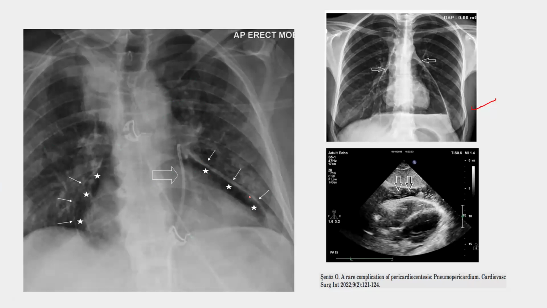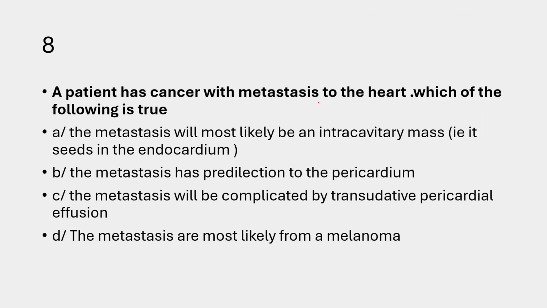Sometimes infection by an air-generating organism. And also iatrogenically, if you do pericardiocentesis, you might introduce air there, as a complication, when your system is not well sealed. So trauma is important, fistula, infection, iatrogenic. This is pneumopericardium.